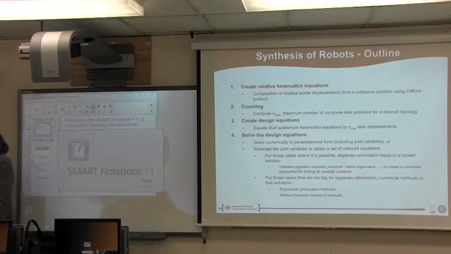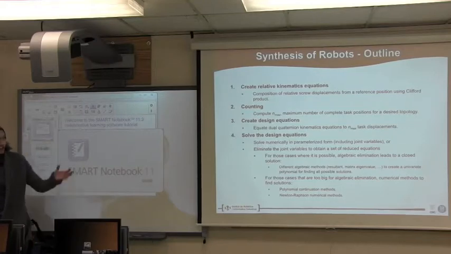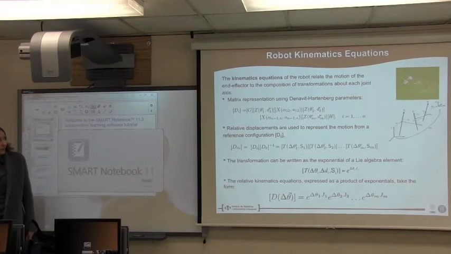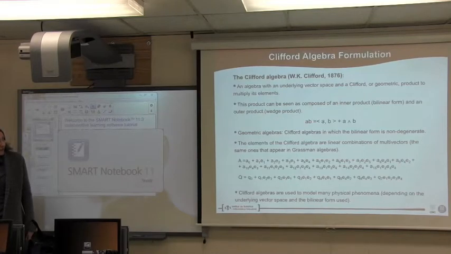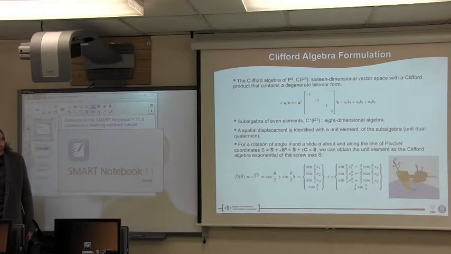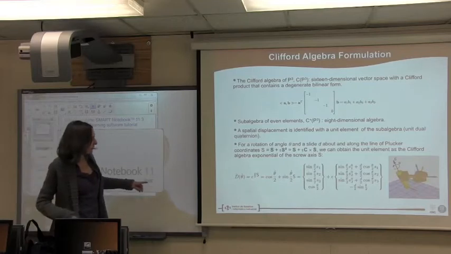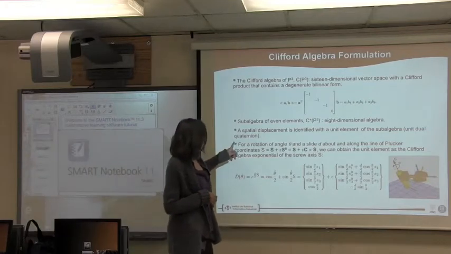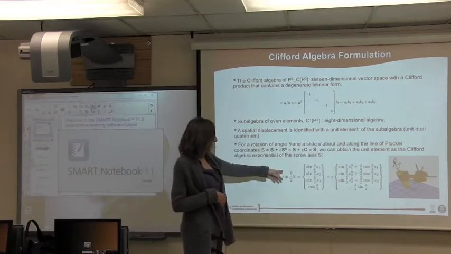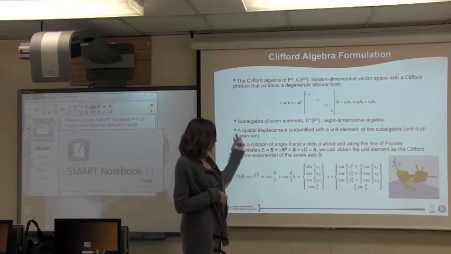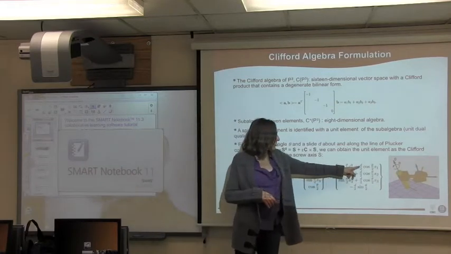All right, so this is just the theory that we have seen. Create the relative kinematics equations, counting how many positions you can define at most, create and solve the equations. All right, so just going to go fast through this. And this is just an explanation of the kinematic equations. Clifford algebras, you guys know all this perfectly. So this will be the expression of a cylindrical joint, where you can rotate an angle theta and slide an amount d.